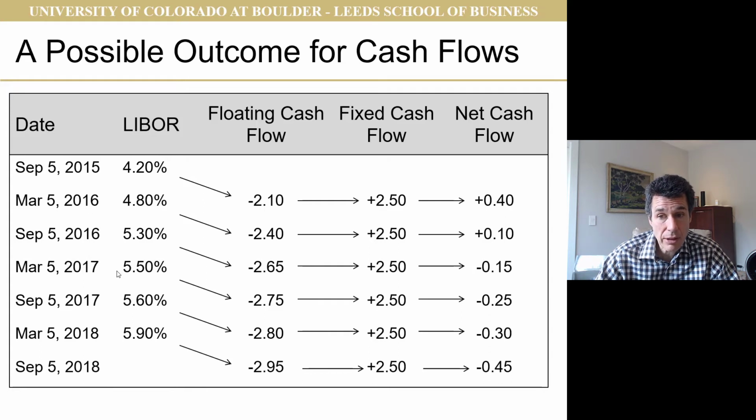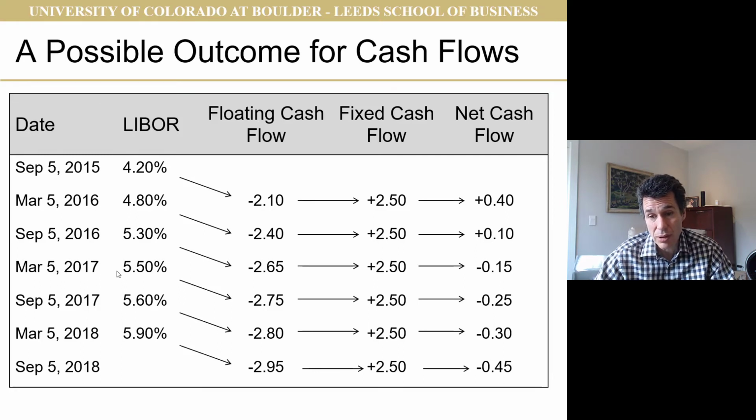Now this is pretty typical that one party of the swap, often, though not always, the party paying the floating cash flow, will receive money at the beginning of the swap and pay money at the end of the swap. The reason for that is often interest rates are lower in the short term than they are in the longer term. It's not always true, but it's mostly true.